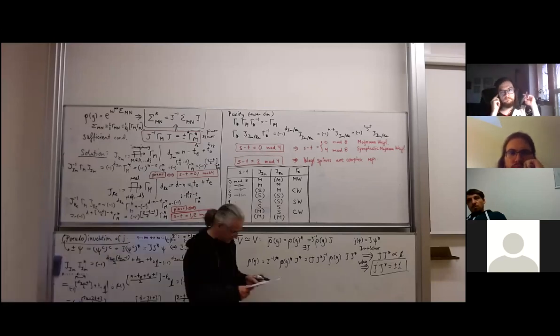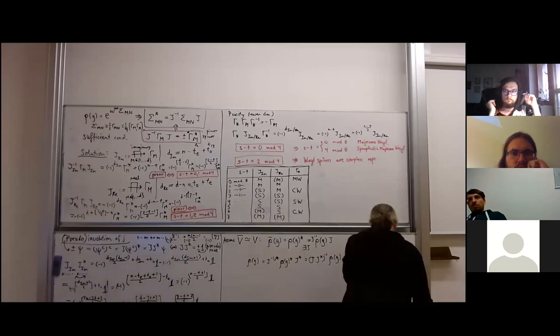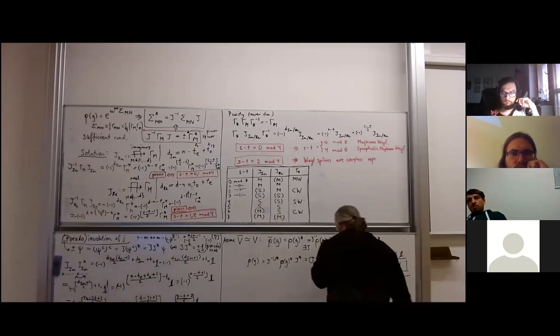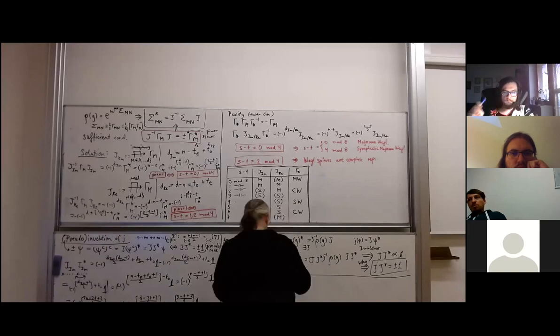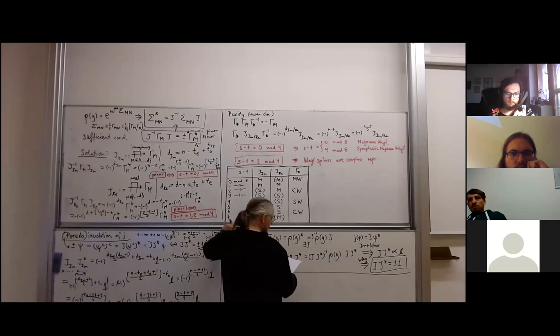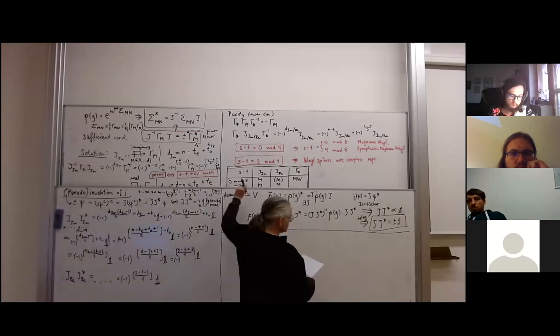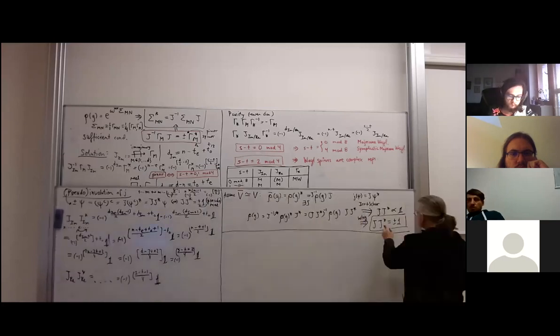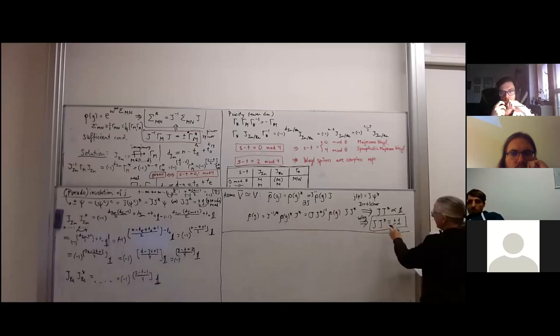So now let me say a little bit more about the various cases. I guess we are mostly interested in the real case, not the pseudo real case, but the pseudo real case is actually quite interesting.